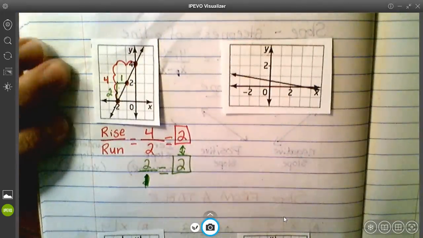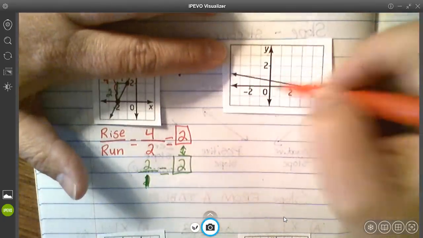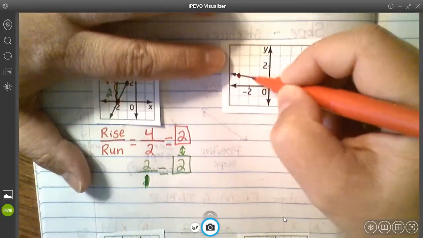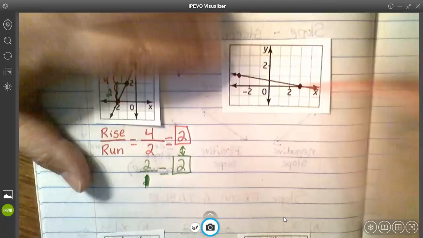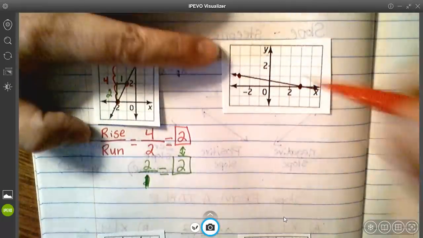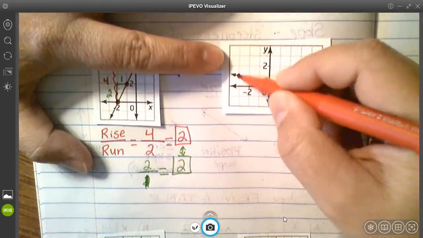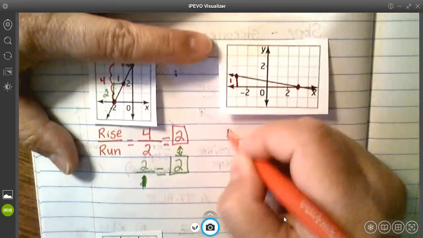Looking at my next example, I'm again looking for my points on the grid. You can't use any of these. I really only have 2 here. So what's my rise? I'm going actually not up, but I'm going down 1 space.